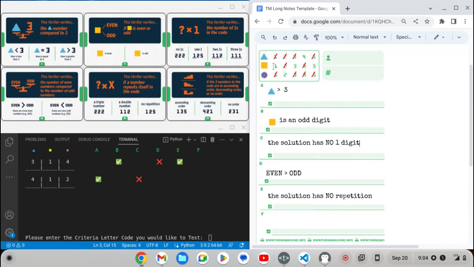Let's cross it out, and now we'll test criteria card F. Yes, it is true that there is no order, and again we'll state that the solution has no order, and what that means is that square can't be 3, so it defaults to 5. And so the solution looks to be 4, 5, 2. Let's type that up.